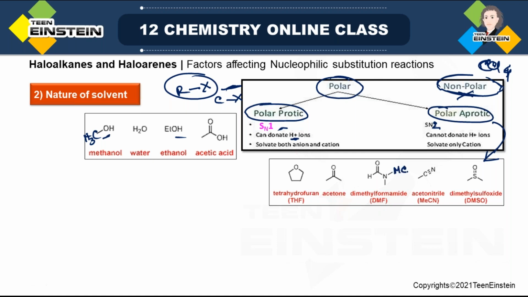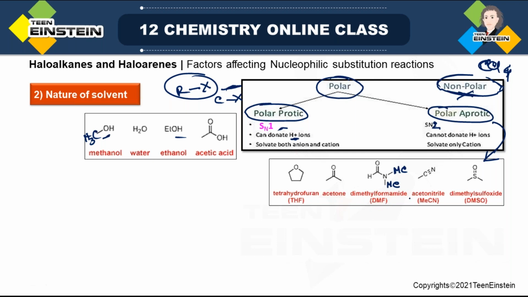These two are basically methyl groups. Dimethyl formamide is an amide molecule. Amide means CONH2. Here we don't have NH2, but we have NR2, NMe2, so this is also an amide. So it is dimethyl formamide.